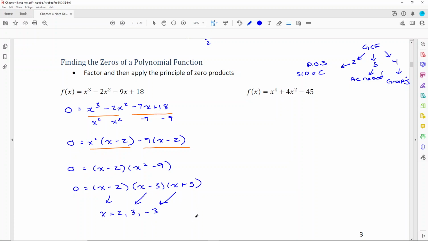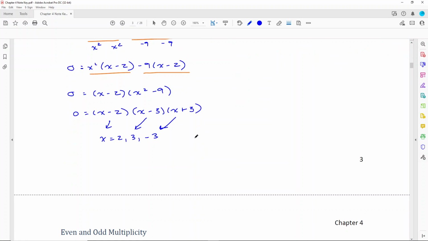I could write them in numerical order, which would be ideal, but I also want to show you that if you really hate factoring, when you had this 0 equals x minus 2 times x squared minus 9, you don't necessarily have to write them as linear factors. Linear factors is when you know you're done factoring, but you could have pulled out here and said this would be x equals 2, but you could have also taken this one and said, what would make x squared minus 9 equals 0?